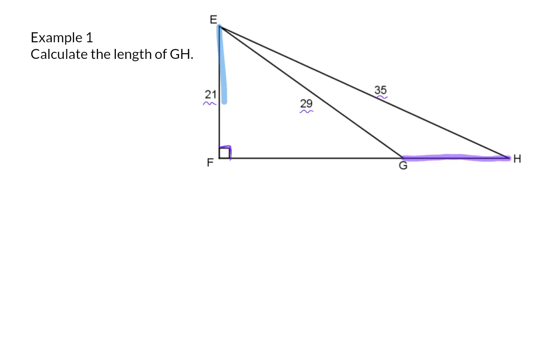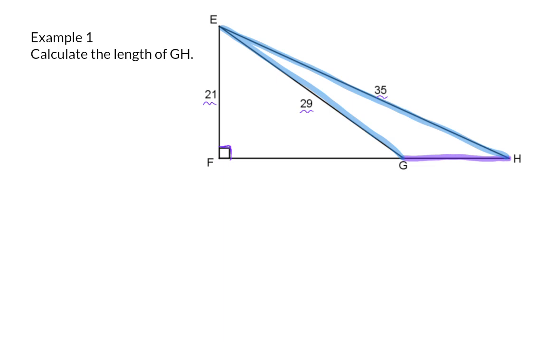Firstly, we can work in triangle EFG, and then we can also work in triangle EFH. But unfortunately, side GH is not a side of either of these 2 triangles. The triangle in which it does lie does not have a 90-degree angle.